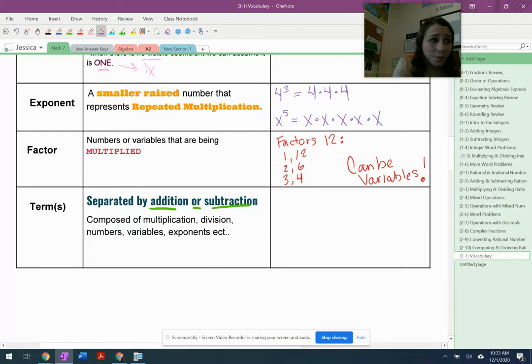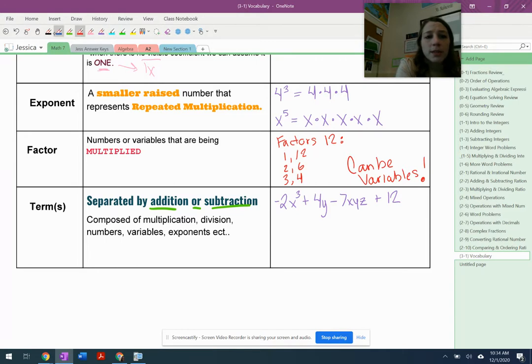So when I'm talking about terms, we look at an algebraic expression. So if I have something like negative 2x cubed plus 4y minus 7xyz plus 12, terms are separated by addition or subtraction.